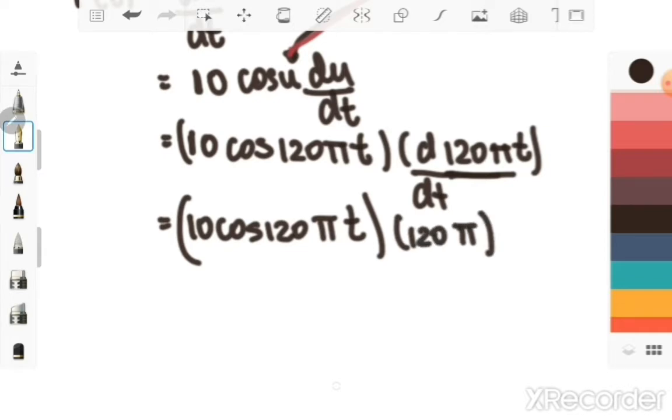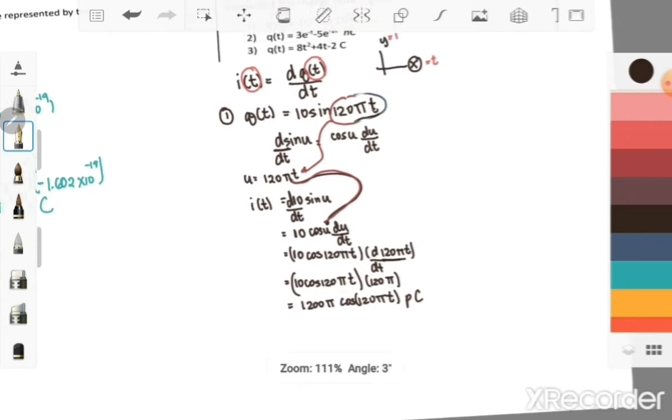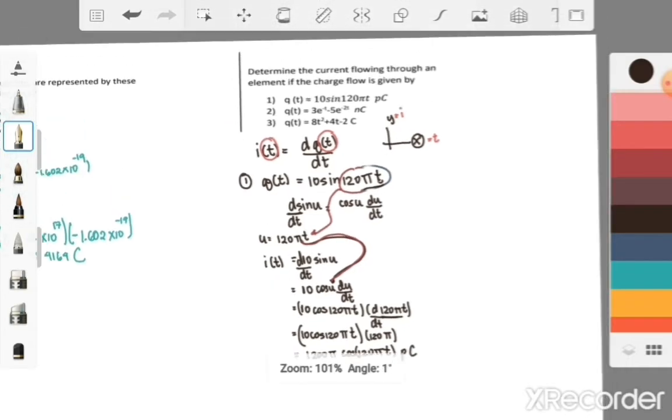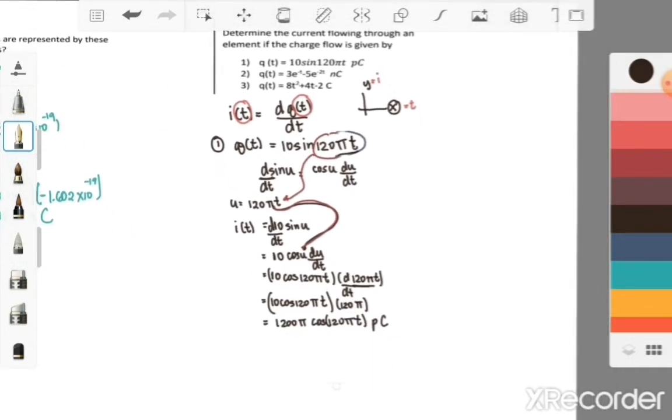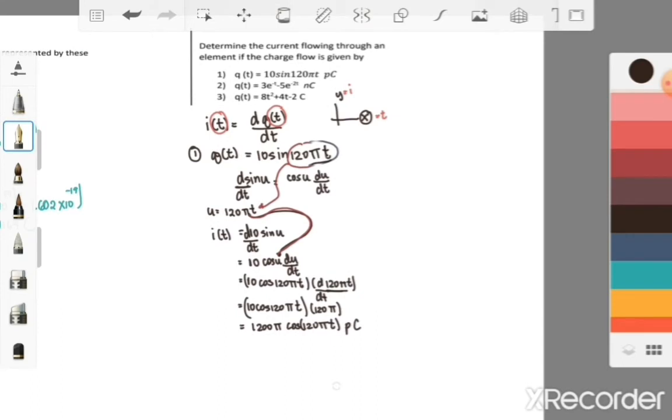Therefore, the answer is equal to 1200 pi multiplied by cosine 120 pi t. Take note of the unit. It is in picocoulombs. Right? So, if there will be any question, feel free to ask it in our GC or comment down below. Right? So, this is our example number 1.